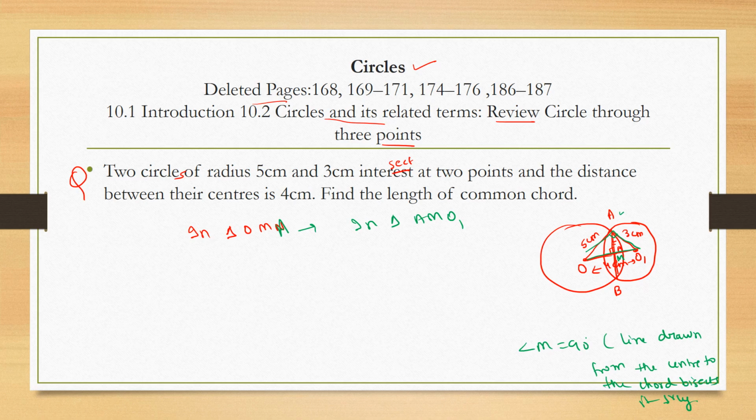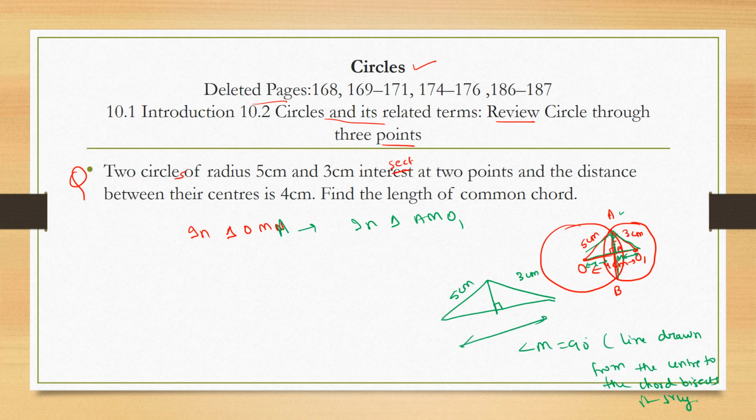Correct? I need to find out the length of the common chord. How can I find it? If I find AM, the next will be equal. So let me assume this as x. Let me make it clear. This is 5, this is 3, right?